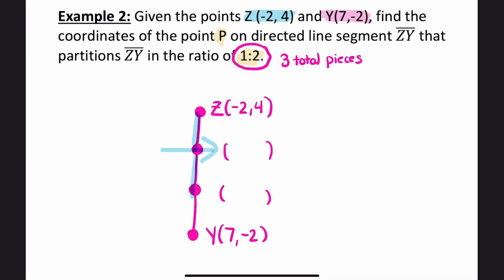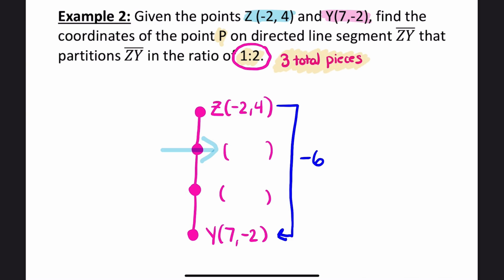Okay, now let's take a look at our slopes and see if we can divide things up. If I jump from 4 all the way to -2, that means I'm going down 6. And again, use your calculator if you're struggling with that. The bottom minus the top will always give you the change in y. Now, what do I divide by? Now remember, this piece up here tells you where you divide, 3 total pieces.